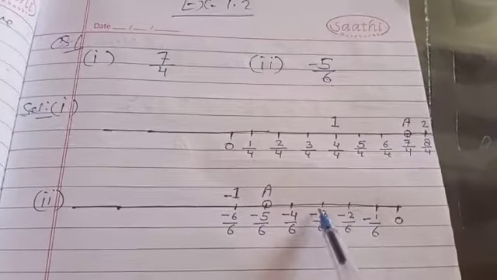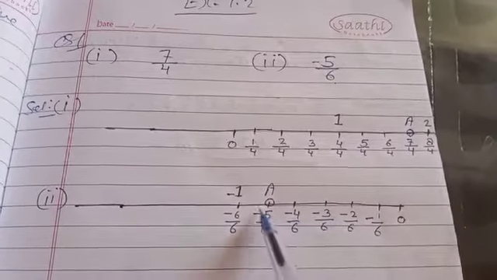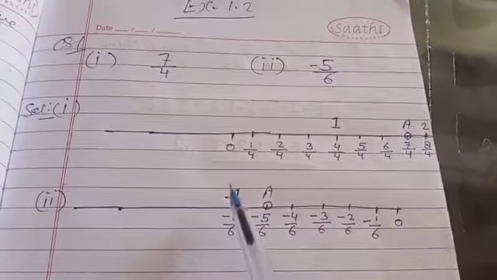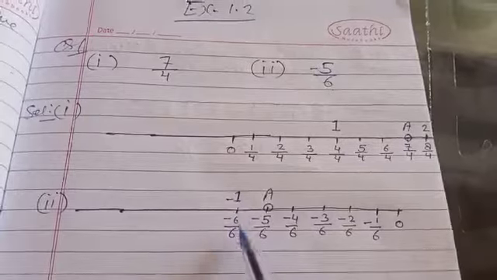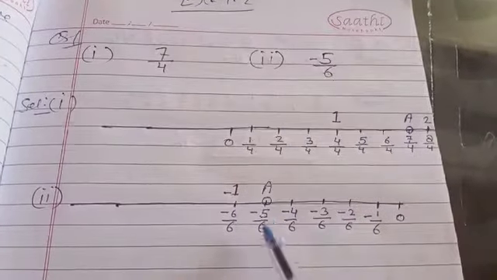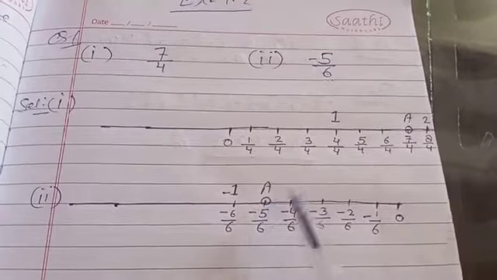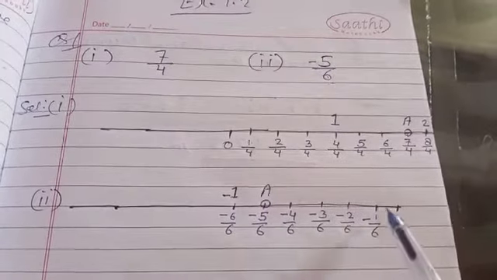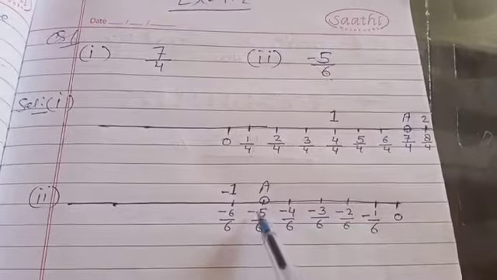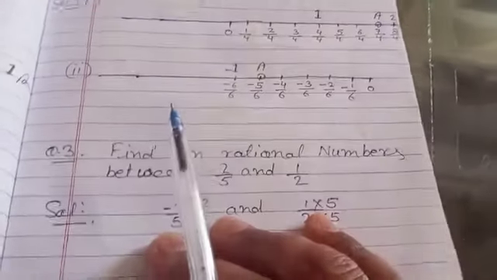Minus 2 upon 6, minus 3 upon 6, minus 4 upon 6, minus 5 upon 6, minus 6 upon 6. And 6 can be cut by 6, so here you can write minus 1. So our answer is this, minus 5 upon 6. This is our answer, and it comes between 0 and minus 1. Here is the place for showing minus 5 upon 6.